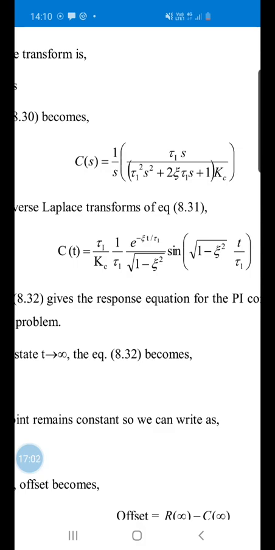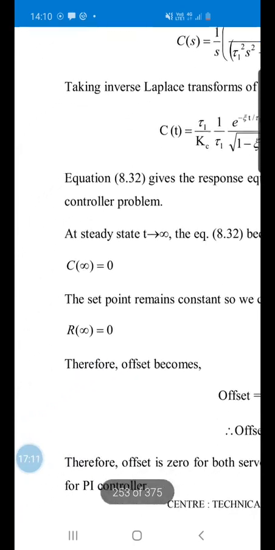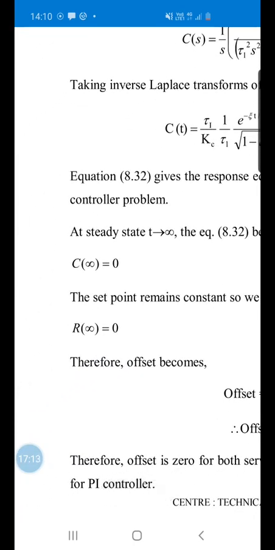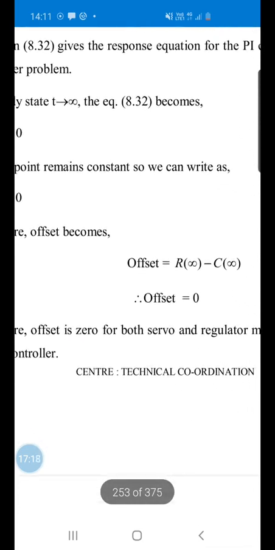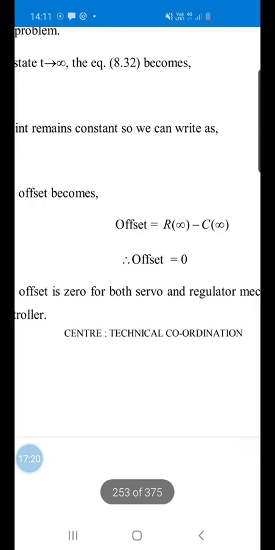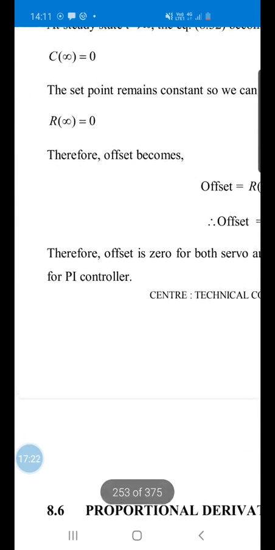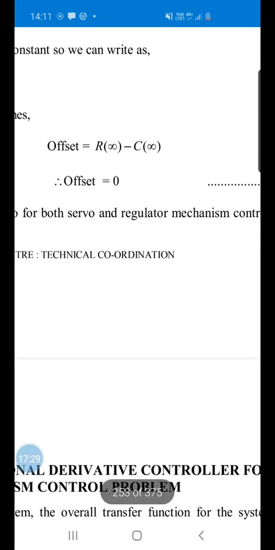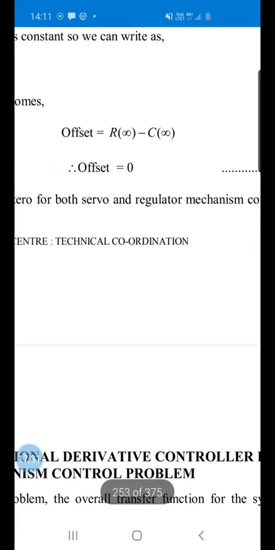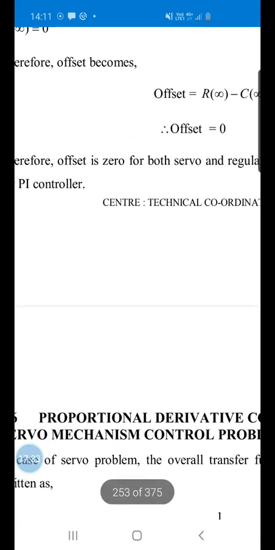Only this equation you will get, and if you put t equal to infinity, again you will find C infinity becomes equal to 0, R infinity is equal to 0, and offset will be R infinity minus C infinity, so offset is again equal to 0. So what is the conclusion? The offset is 0 for both servo and regulator mechanism control problems.